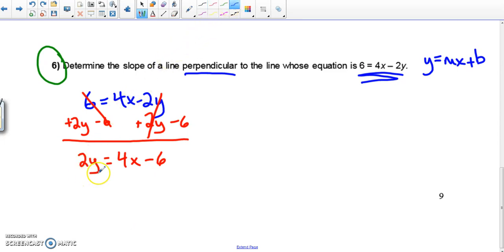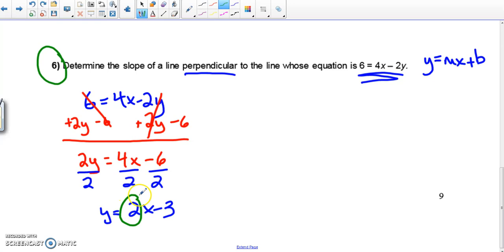And now there's one thing left to do to get the y all alone. We divide everything by 2. And we're left with y equals 2x minus 3. So now we're set up. Now we're in slope-intercept form. We know the slope of this line is 2. Be really careful. It's not 2x. It's just 2.